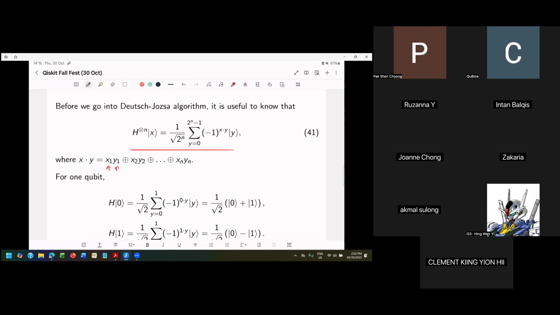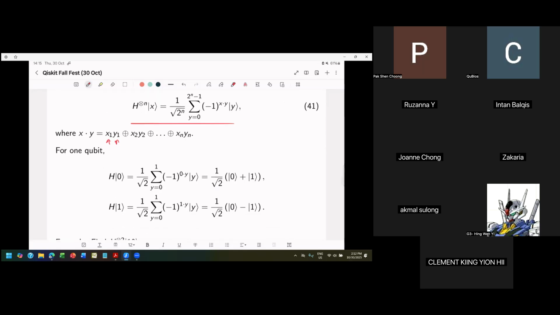So we will look into some examples. Let's go back to 1 qubit. I will not prove how this comes about, but you will just see some examples. For instance, if you start with 1 qubit, the zero state, you know that this will become the plus state, right?